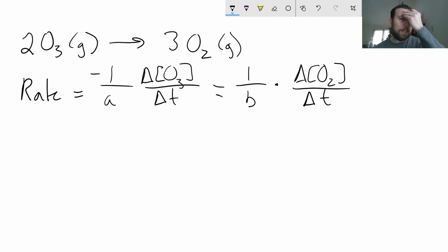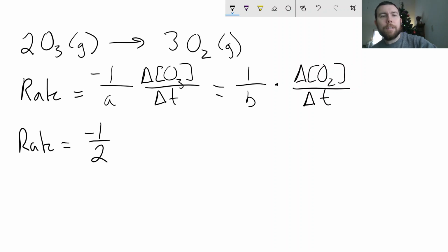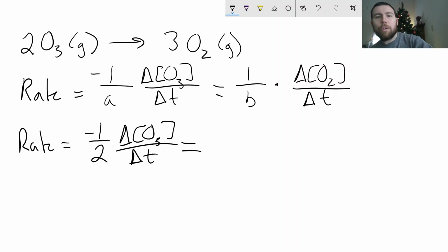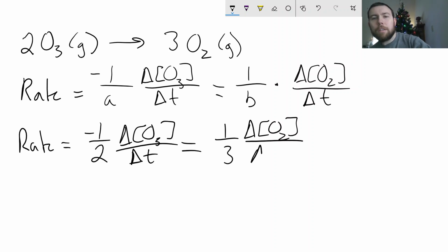And so if we wanted to take that and write the rates with respect to those coefficients, we just simply have that the rate is equal to negative 1/2 the change in concentration of ozone divided by delta T equals 1/3 times the change in concentration of oxygen with respect to time.